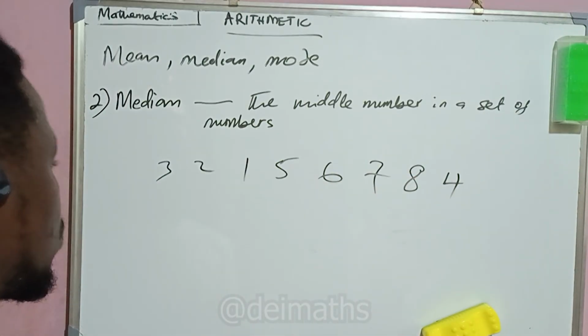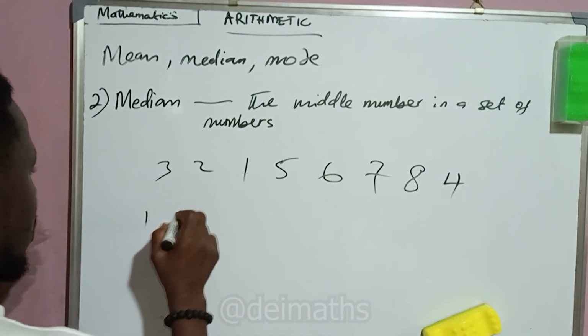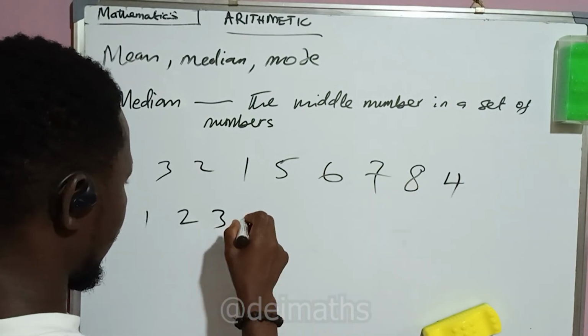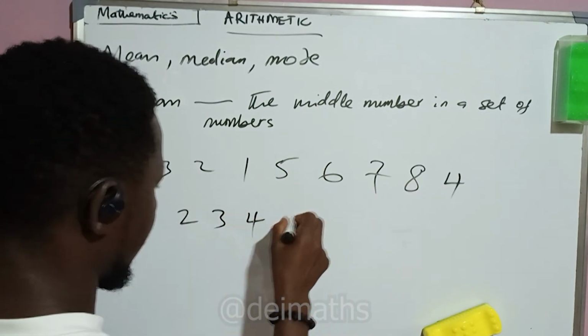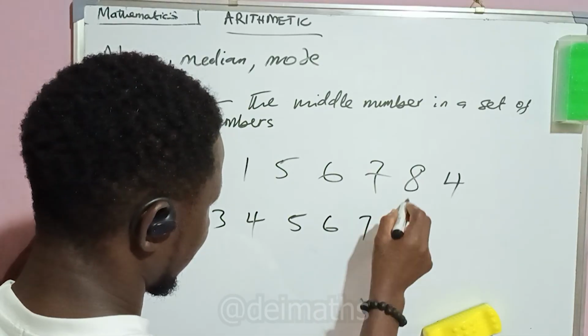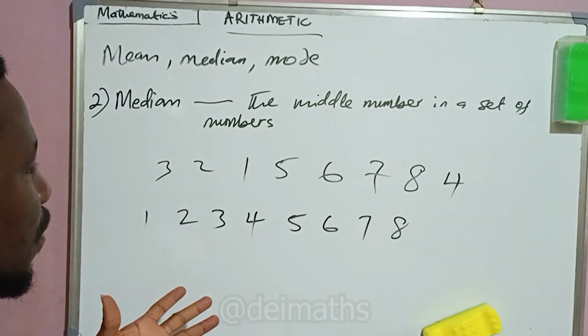Now we are going to do from the smallest to the biggest, which is 1, 2, 3, 4, 5, 6, 7, 8. Now we are looking for the median.